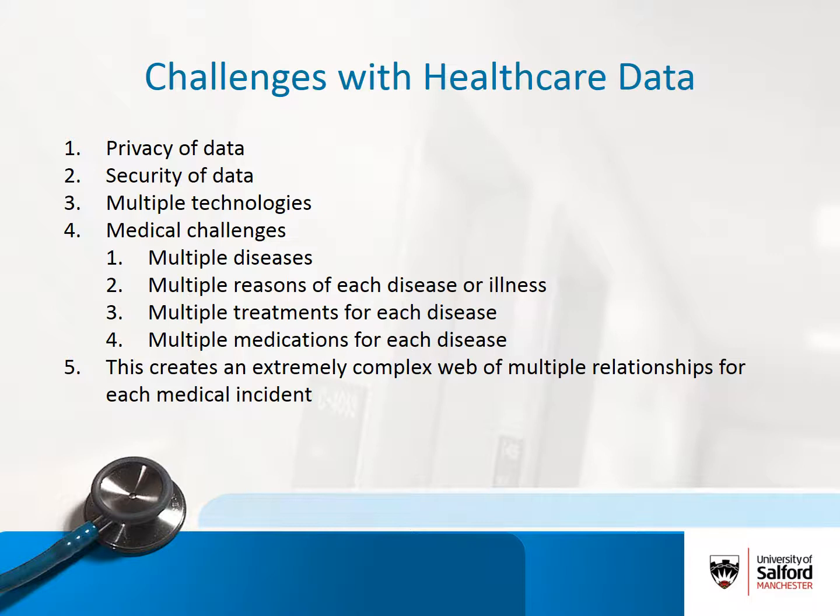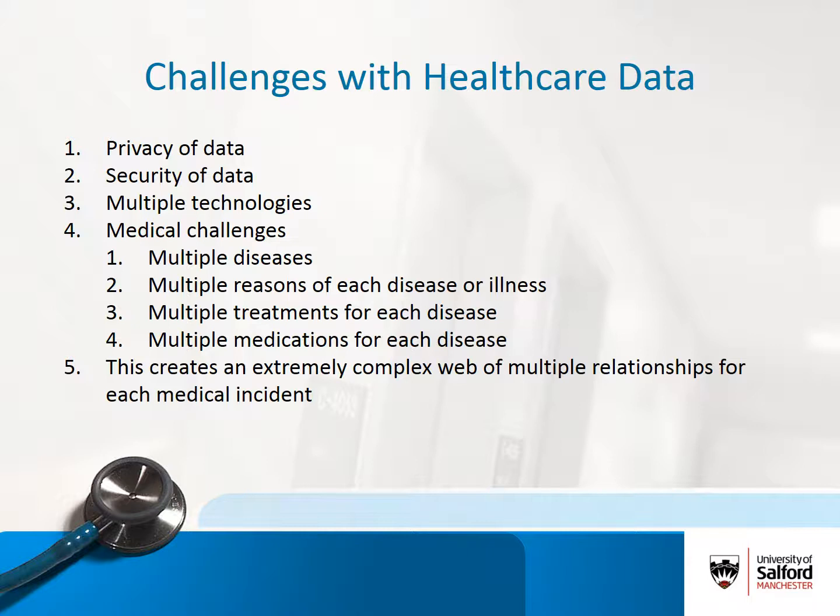So, for instance, with a heart attack, you could have 49 different reasons for getting a heart attack, which means there could be probably 49 different treatments for treating a heart attack. And in terms of medication, a case was mentioned in the research literature that I consulted, that a particular medicine had 1,800 different trade names.